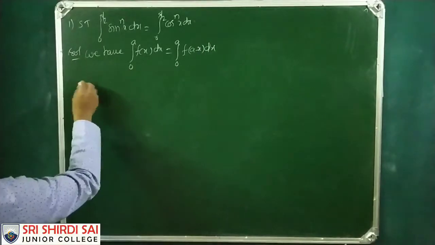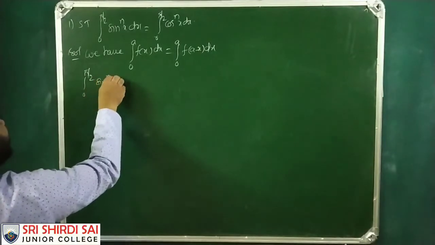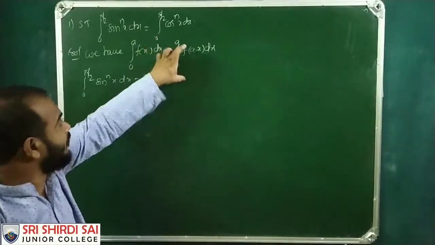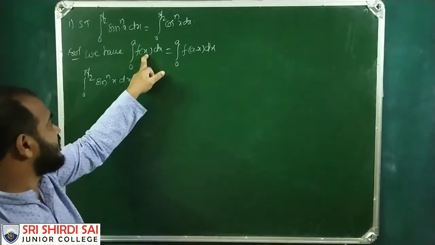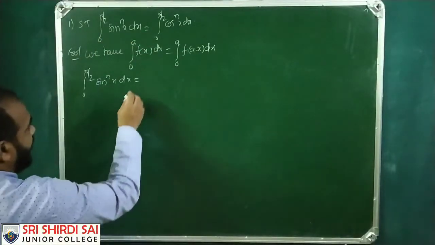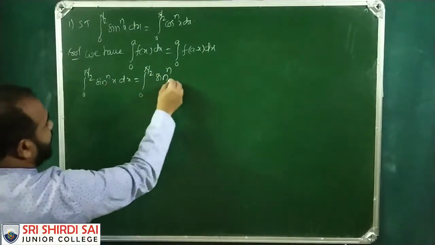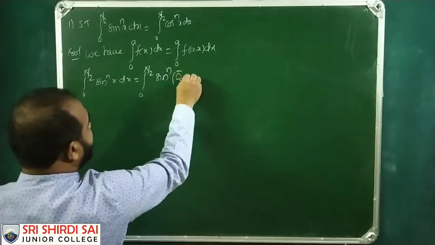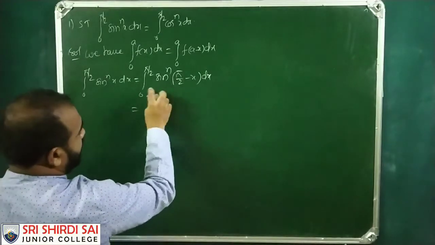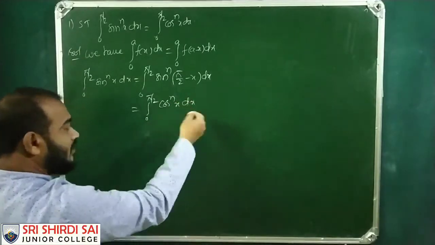What this property says is that we get the same 0 to a, so wherever you have x, we get a minus x, upper limit minus x. So if we proceed, the integral from 0 to pi by 2 of sin power n, in place of x the upper limit minus x, so pi by 2 minus x dx. This equals the integral from 0 to pi by 2 of sin 90 minus x, which is cos x, whole power n, so cos power n x. Simply we can show this.